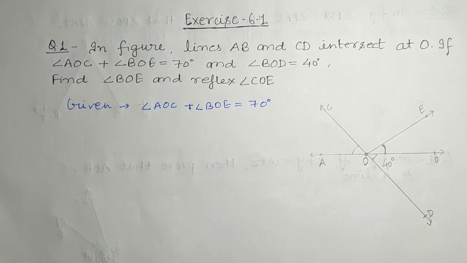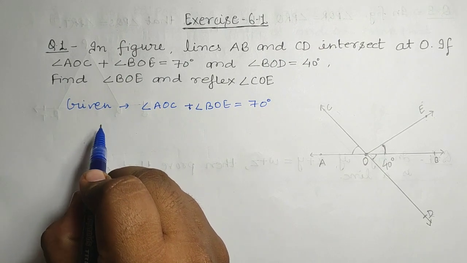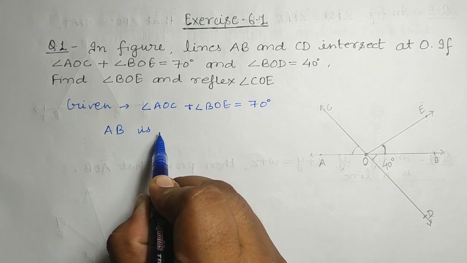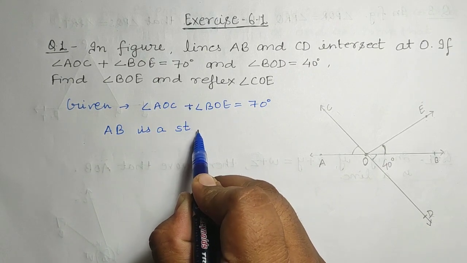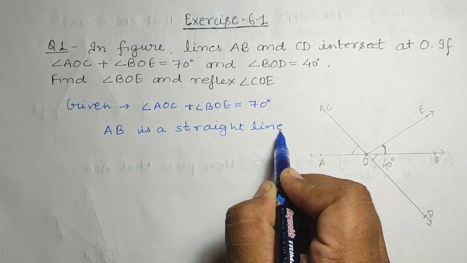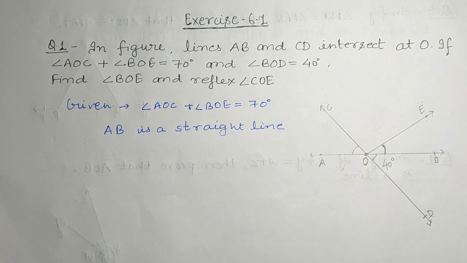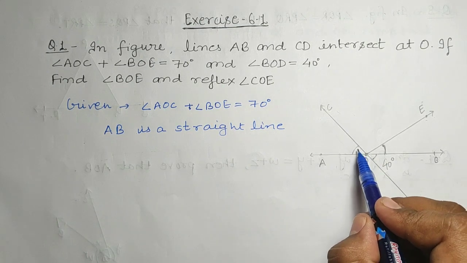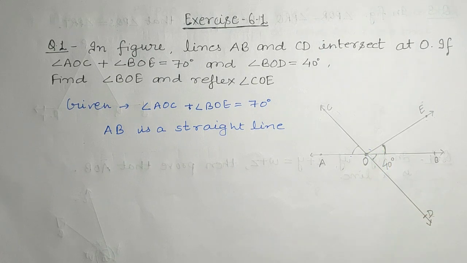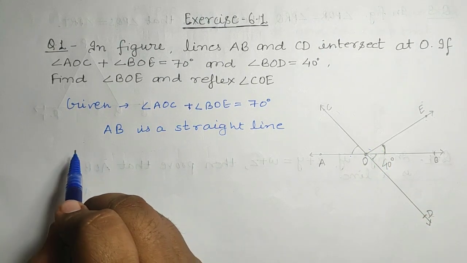And we know, students, that in the question it is given that AB is a straight line. So all the angles which are forming on AB should be equal to 180 degrees, meaning the sum of all these angles should be equal to 180 degrees.